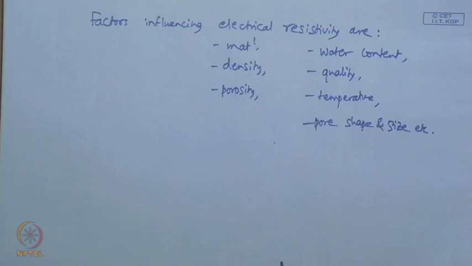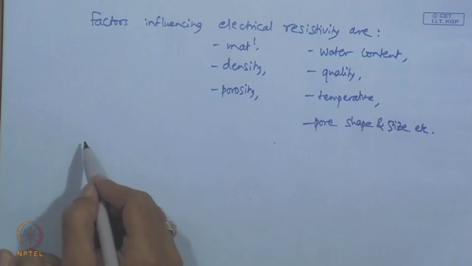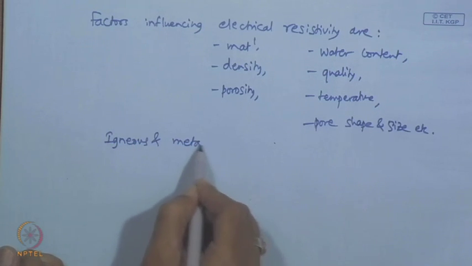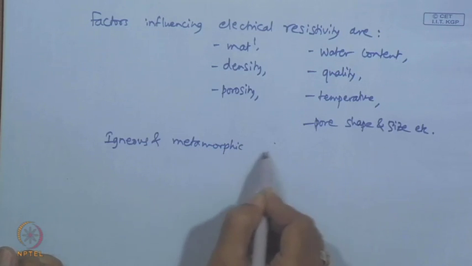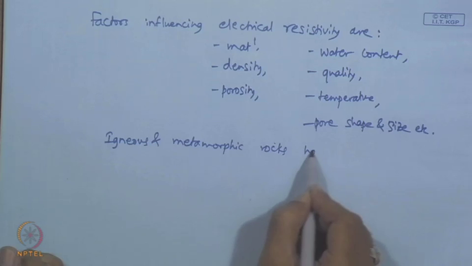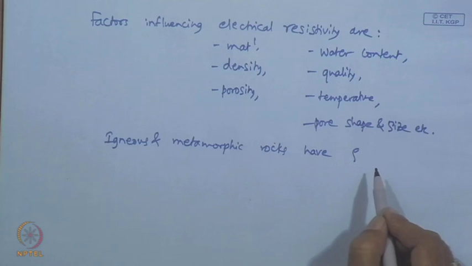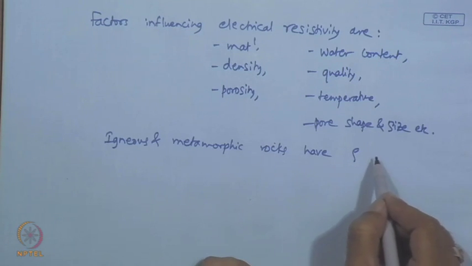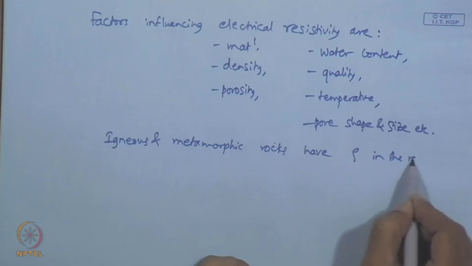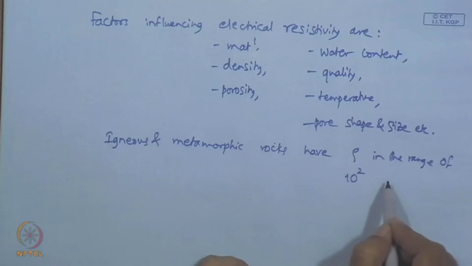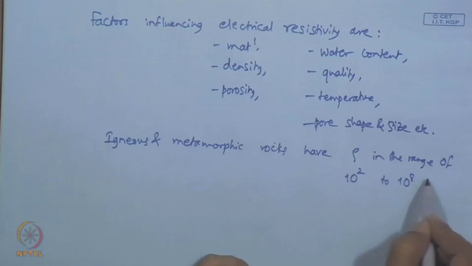Generally, igneous and metamorphic rocks have rho in the range of 10 to the power 2 to 10 to the power 8 ohm meter.